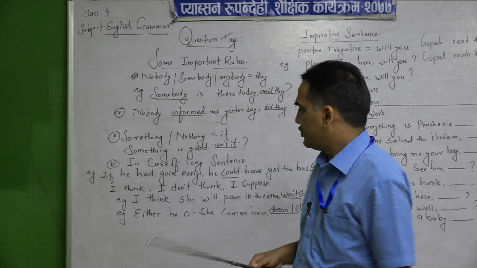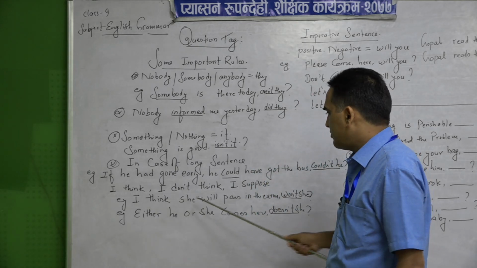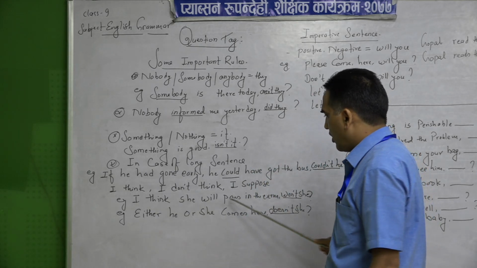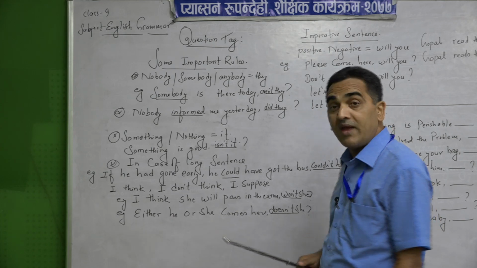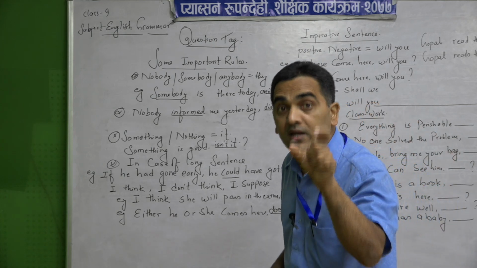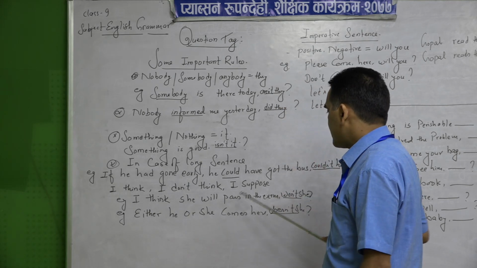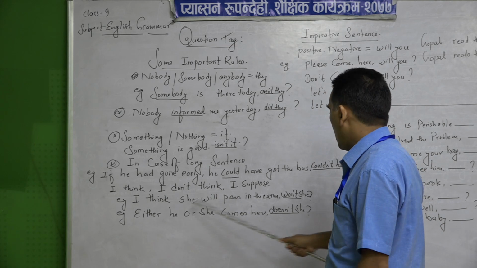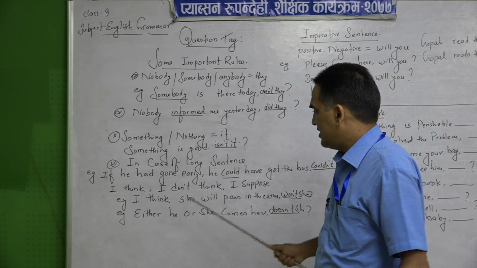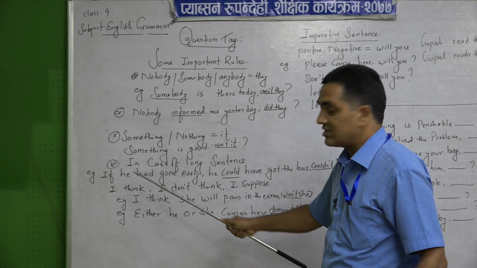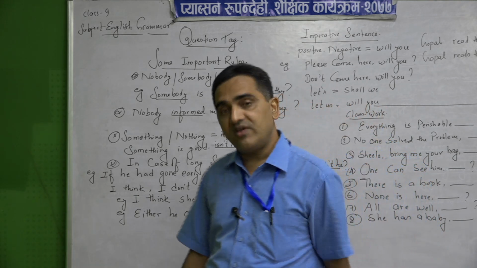At that time you see the main sentence. I think she will pass in the exam. This is the main one: she will pass in the exam. So you see the main statement, or main subject and verb. Just like she will pass in the exam, so will, won't she. She is the subject. This is not the subject, it's just saying opinion, I think.